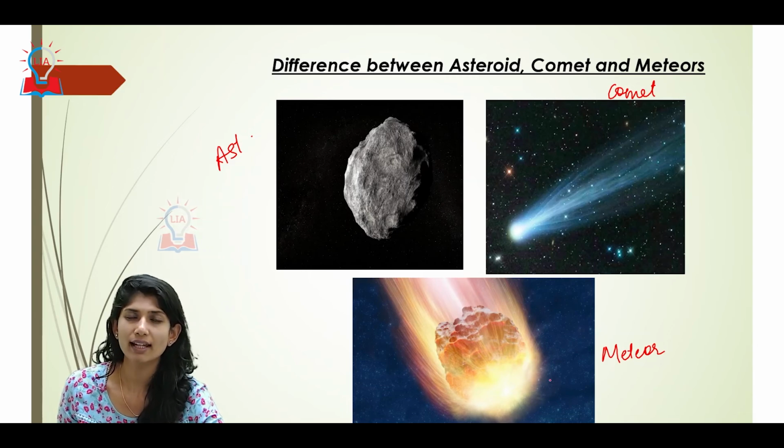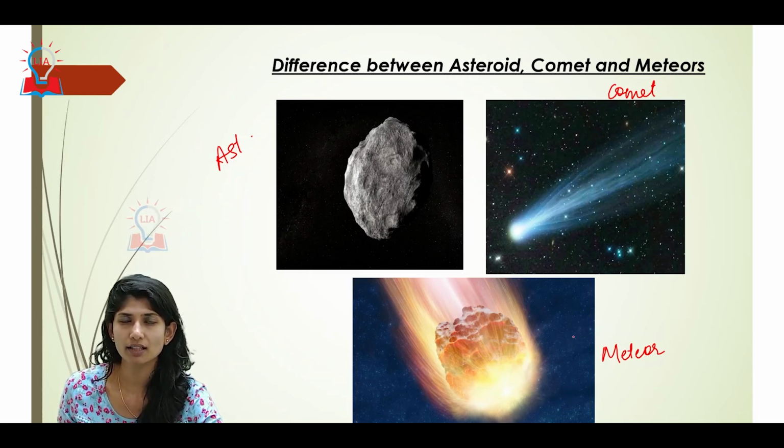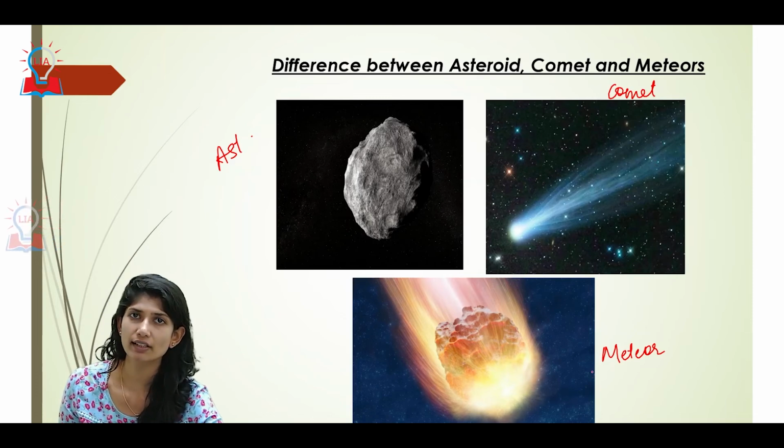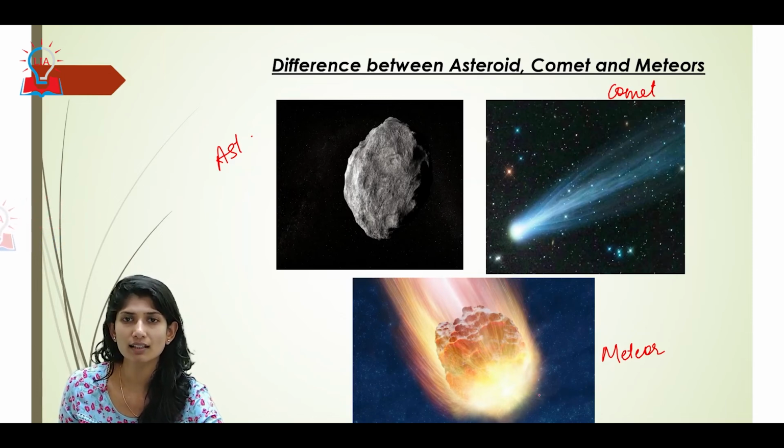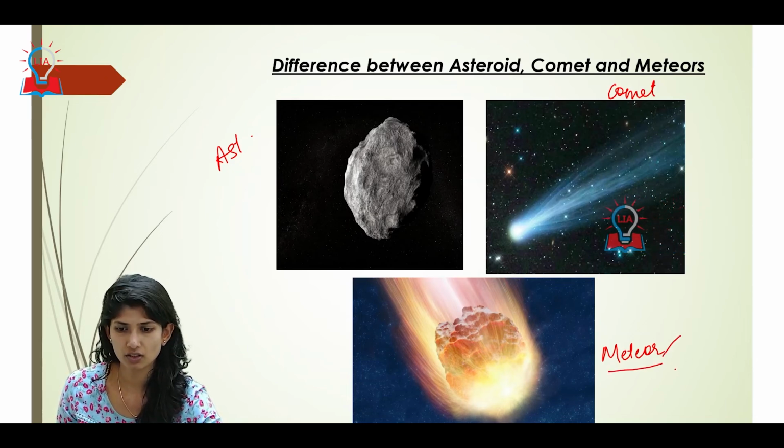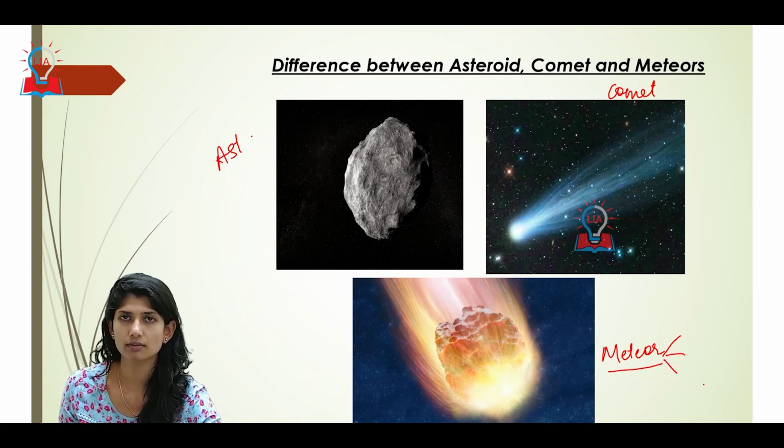When particles from outer space enter Earth's atmosphere, due to gravitational pull and the friction developed, the object lights up and comes in at a huge pace. At that speed, when it hits the Earth, it creates craters, destruction and havoc. So this is a meteor.